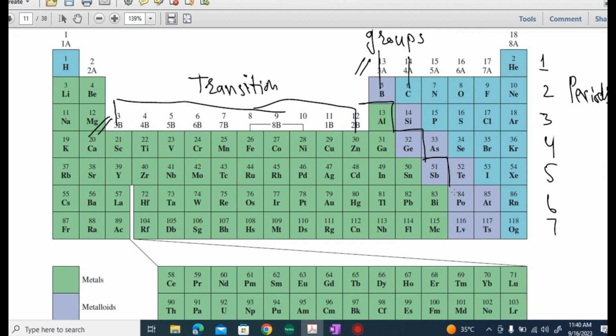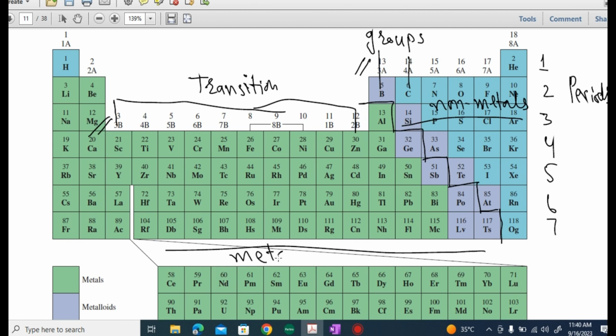In this way, you can easily understand that the periodic table is divided into two parts. All the elements to the left side of this staircase are metals, whereas all the elements to the right side are non-metals.